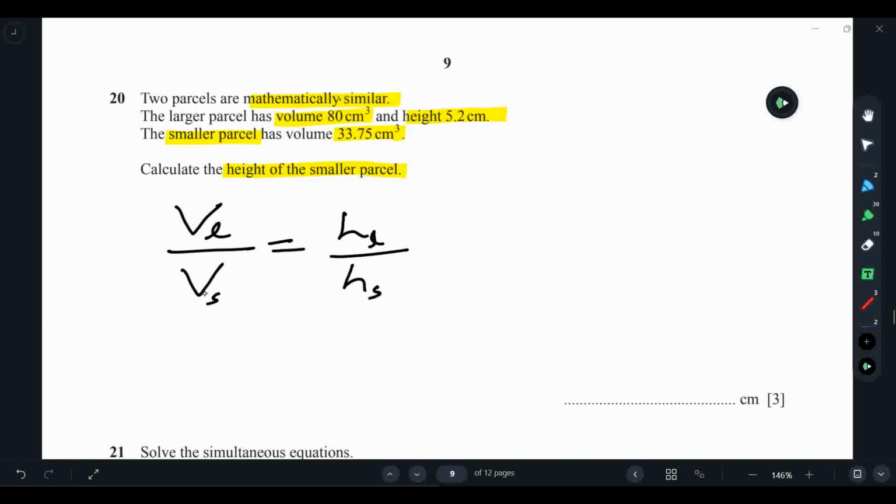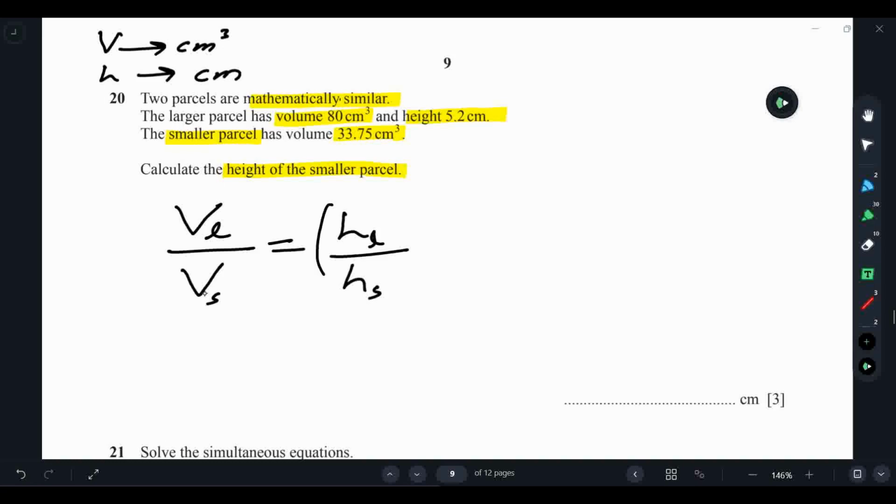But there is a confusion here, that we are comparing volume with the height, or we are comparing centimeter cube. We know that the unit for the volume is centimeter cube and the unit for the height is centimeter. So we cannot equate their ratios.